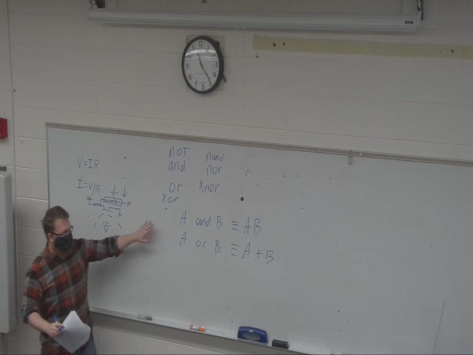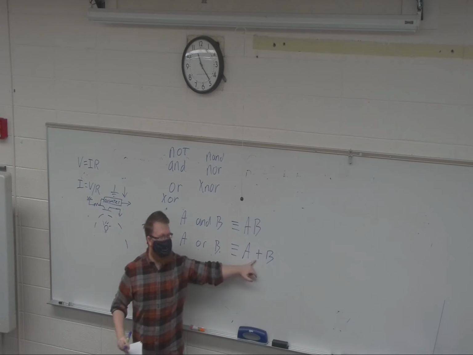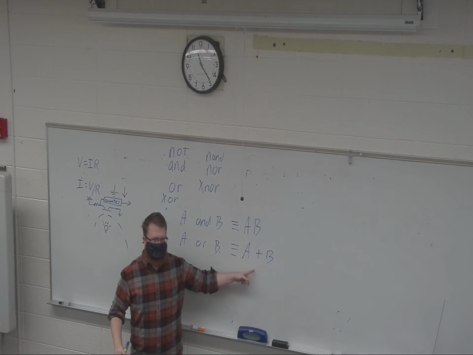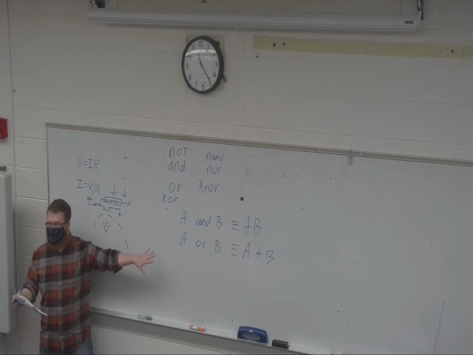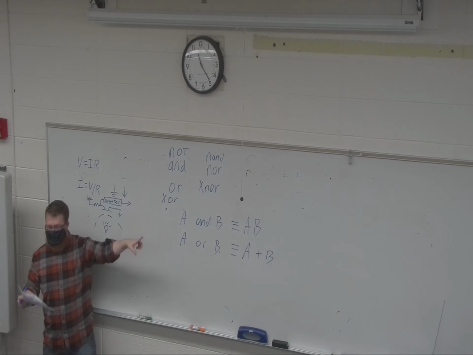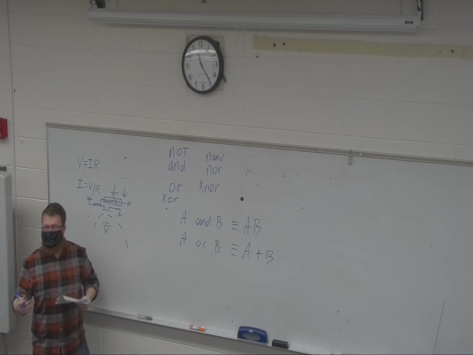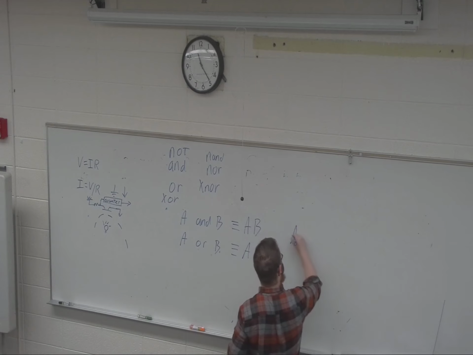Now, don't get confused, because or looks like a plus, which sometimes we say A and B, but it's not. In Boolean algebra, the plus sign is our or. And is multiplication.